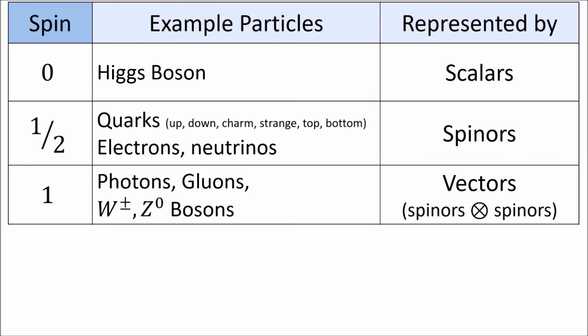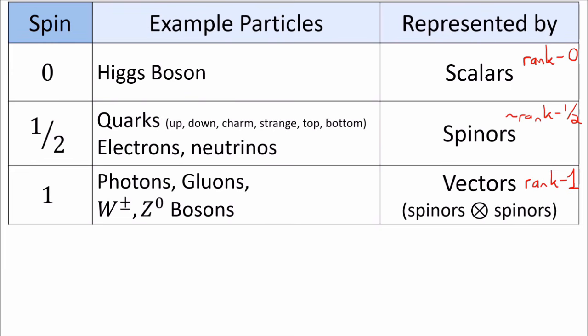The spin value is sort of like the rank of the tensor used to represent the particle. Scalars are rank 0 tensors, vectors are rank 1 tensors, and spinors, loosely speaking, are kind of like rank 1/2 tensors, since they rotate half as much as vectors do when transformed.